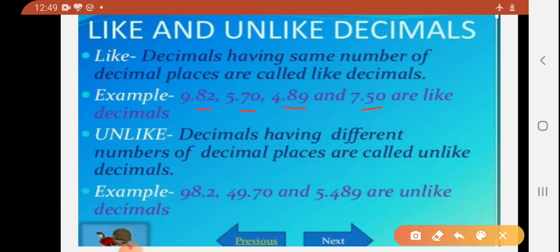Therefore, they will be called like decimals. Unlike decimals are the opposite: after the decimal, the number of digits will not be the same. Decimals having different numbers of decimal places are called unlike decimals. Here 1 digit is there, here 2 digits, here 3 digits. Therefore, they will be called unlike decimals.